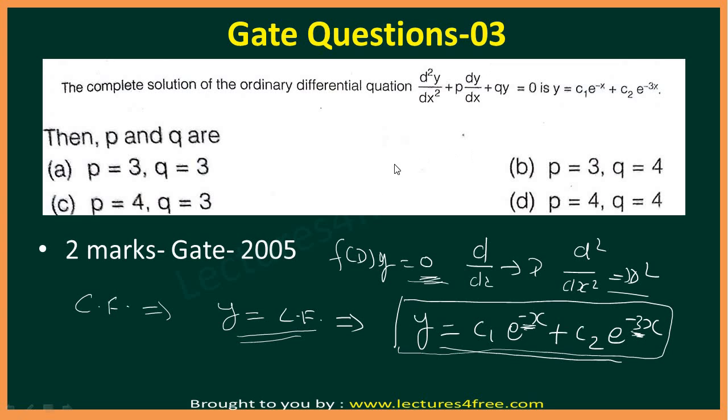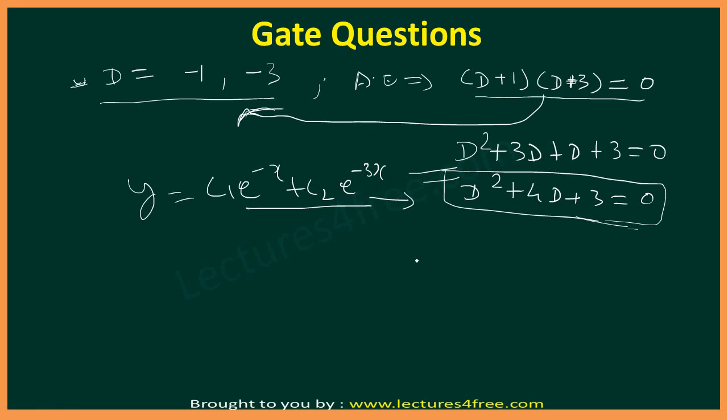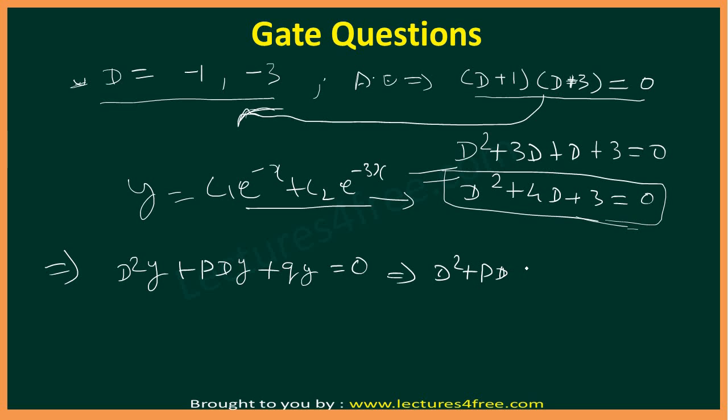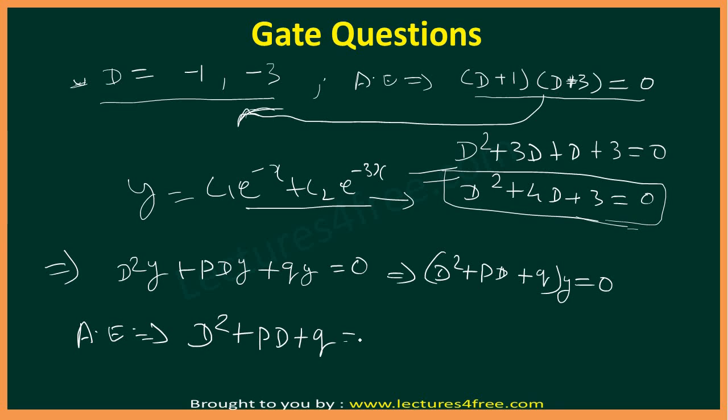If you write this equation like this, you get D square y plus p D y plus qy is equal to 0, or you can write (D square plus p D plus q) into y equal to 0. So the auxiliary equation is D square plus pD plus q is equal to 0.